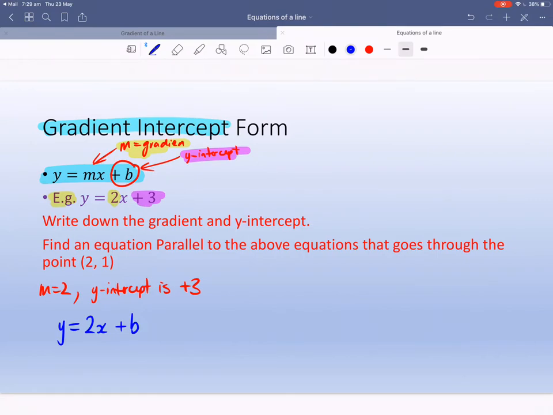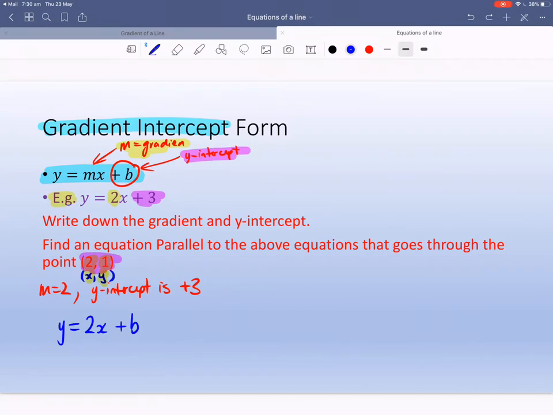But I do know that it goes through this point. So you've got x and y: the x point is 2 and the y point is 1. I'm going to substitute those two into here. So let's do that.